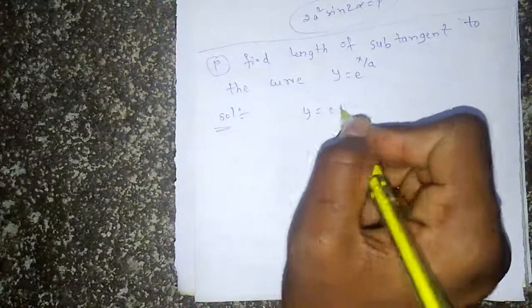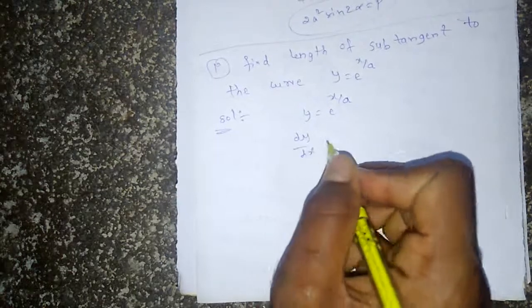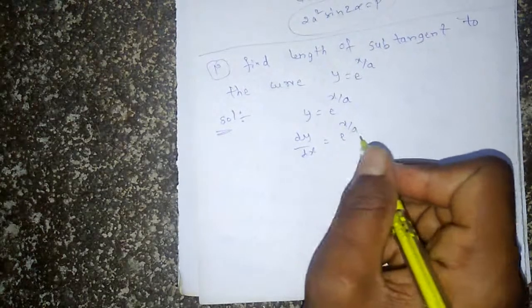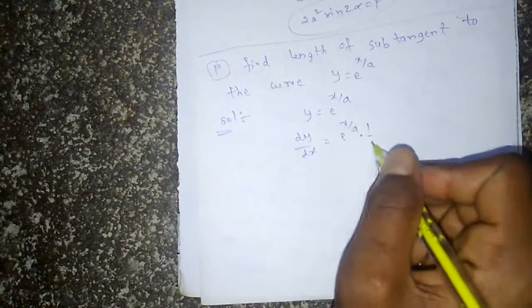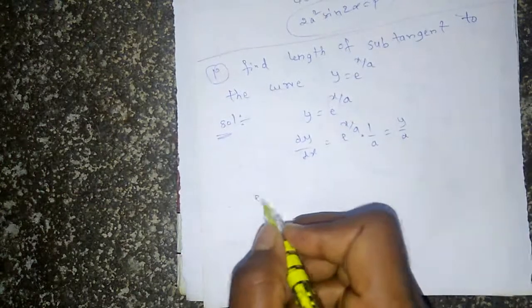Here the given curve is y is equal to e power x by a. dy by dx is equal to e power x by a into the derivative of x by a, which is 1 by a, that is equal to y by a.